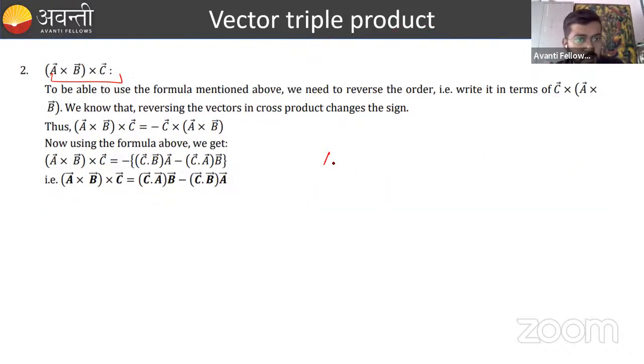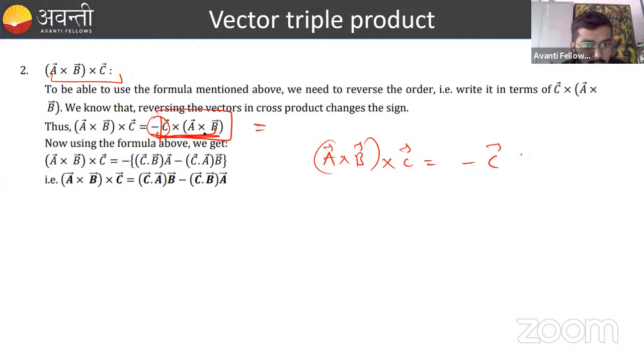Now for a bar cross b bar cross c bar, we know that a bar cross b bar cross c bar will be equal to minus of c bar cross a bar cross b bar, right? For this we have already found out the expansion. Let's forget this minus sign for now, and this will be equal to c bar dot b bar taking the first vector, minus c bar dot a bar taking the second vector.